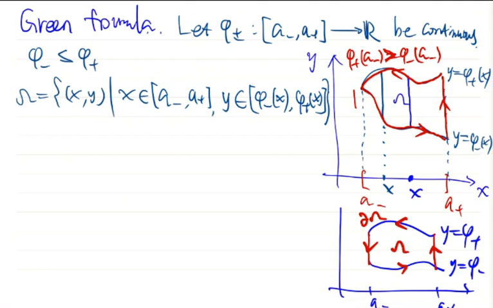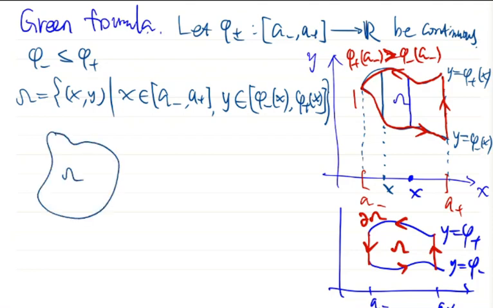Such orientation is called positive. That is, when you go along the boundary, the domain always lies on your left. Positive oriented.